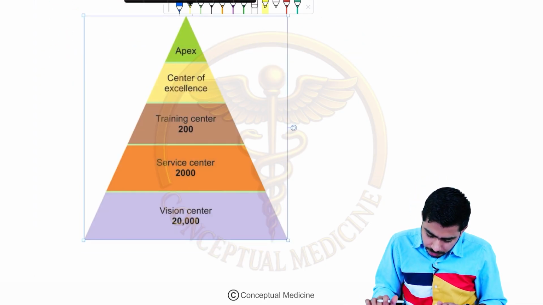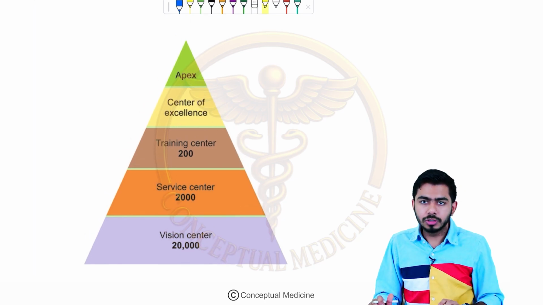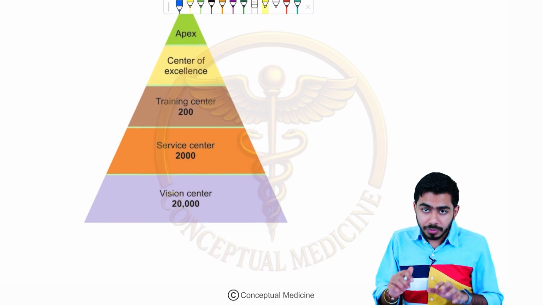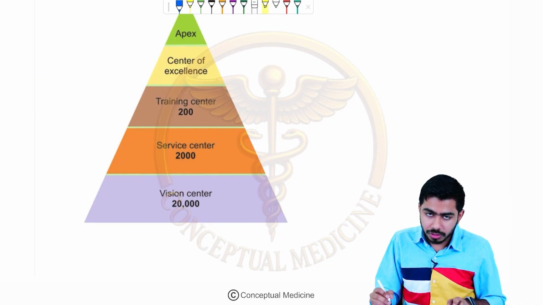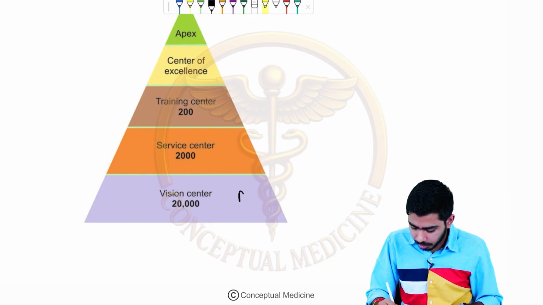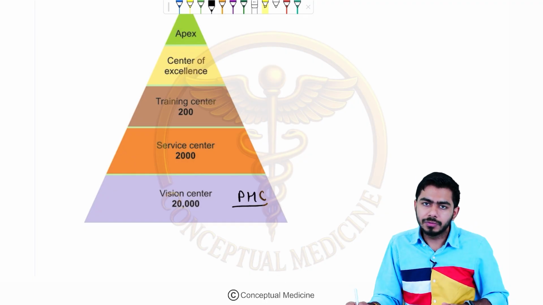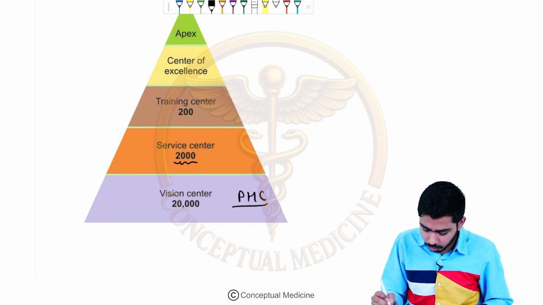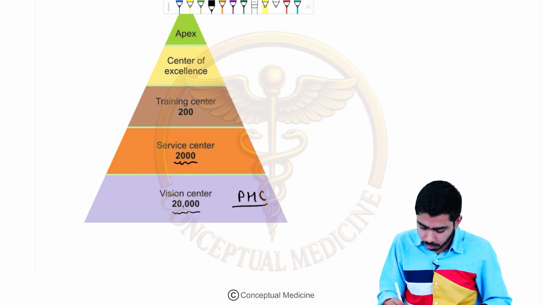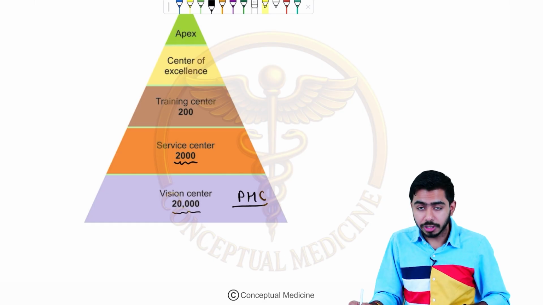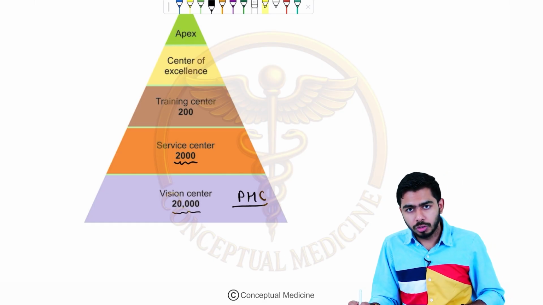Here is a diagram showing how the system works. At the very basic level, we have the vision center, working at the level of the PHC, the primary health center, catering to about 20,000 population.